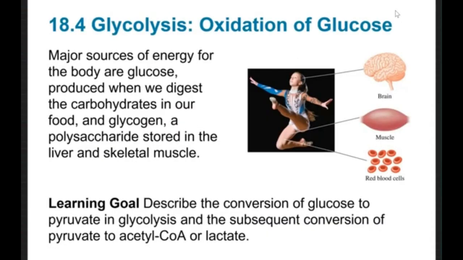Now we're going to quickly overview the major metabolic steps that comprise the oxidation of glucose to yield ATP. So the first step of glucose oxidation is glycolysis.